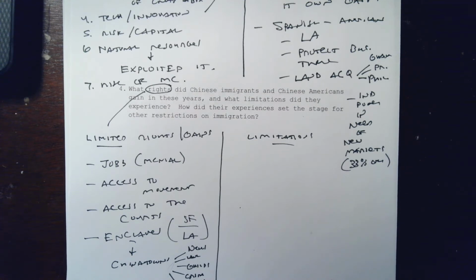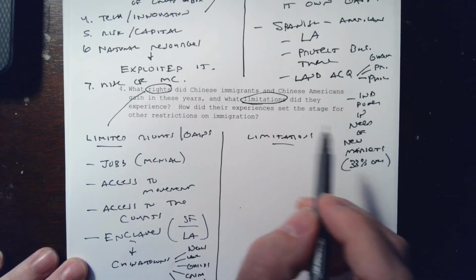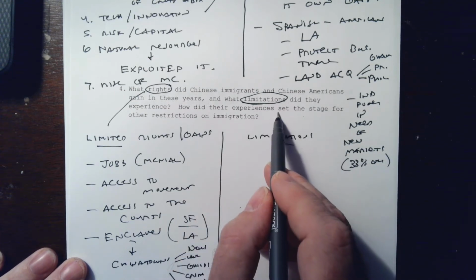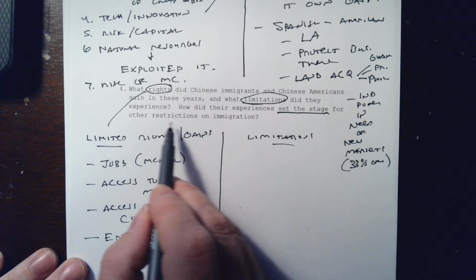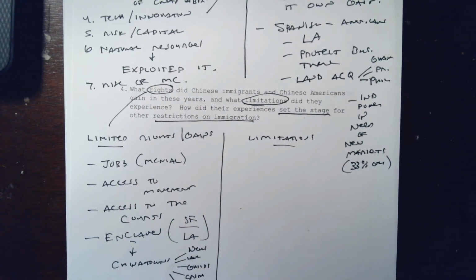Now, what you're now going to get is limitations, right? But the limitations set upon them are also going to lead to restrictions on immigration for others.